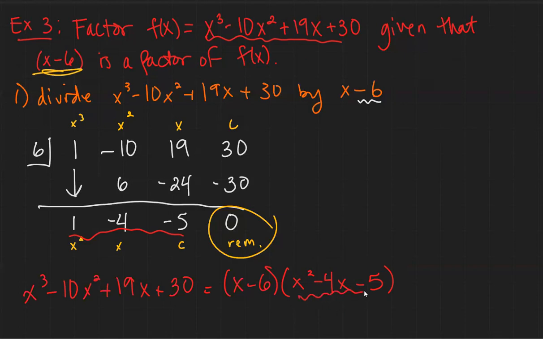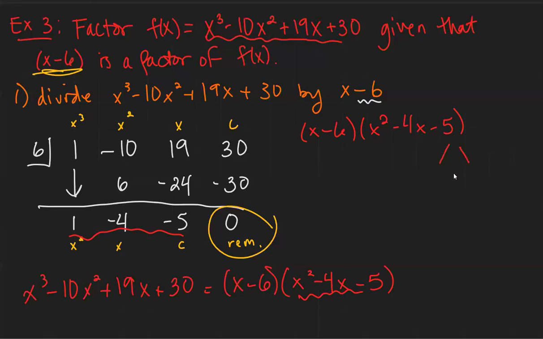Can I factor this? And let's do it up here just so we have more space. So x minus 6 times x squared minus 4x minus 5. Can I factor x squared minus 4x minus 5? Well, this is a 4.3/4.4 problem, so you should remember, right? Are there any factors of negative 5 that add up to negative 4?